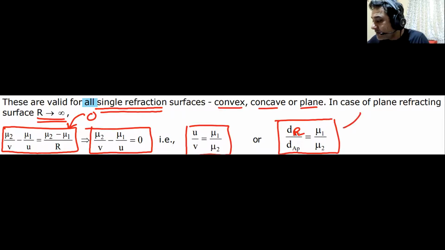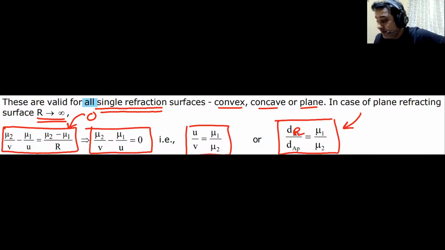So I am not a magician. I just used this formula from curved surfaces, and I gave you the same formula for plane surfaces, and then I told you that this formula is applicable whether the ray is going from denser to rarer or the ray is coming from rarer to denser.